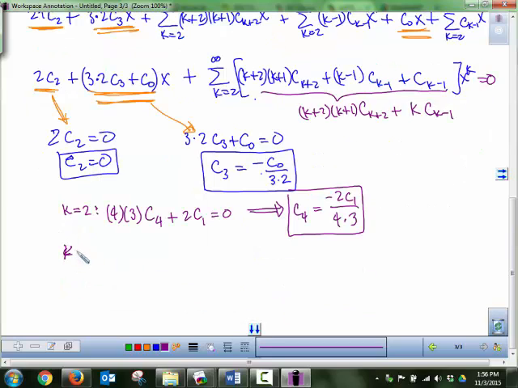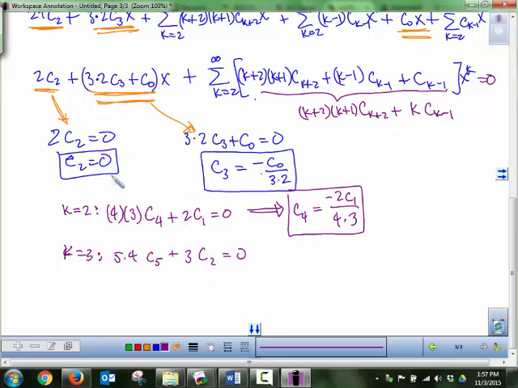So next one, k is equal to 3. We're just going to progress now from the summation sign. When k is equal to 3, I have 5 times 4 times c sub 5 plus k is equal to 3, so that's 3 c sub 2 equals 0.